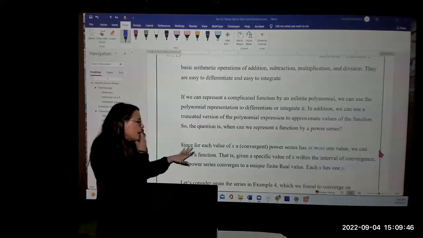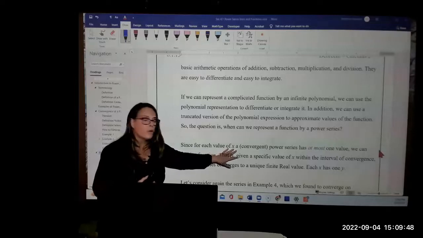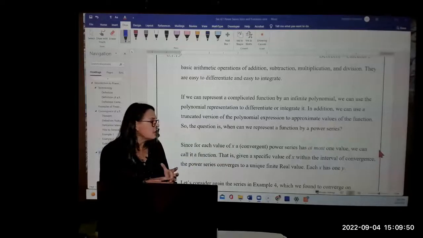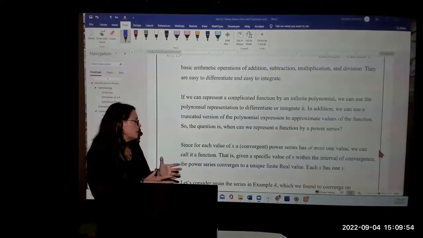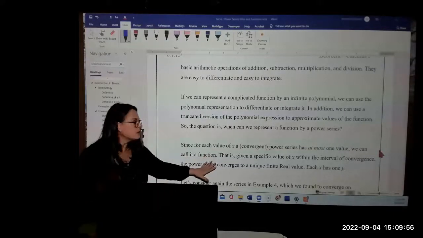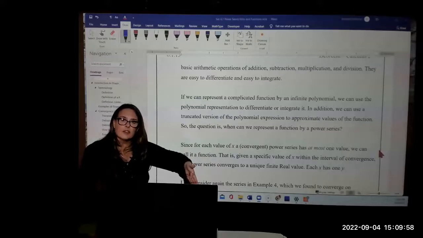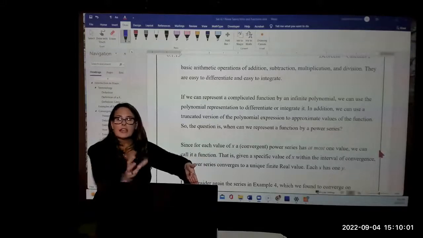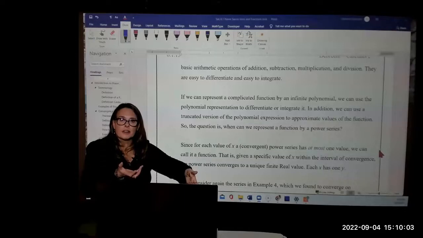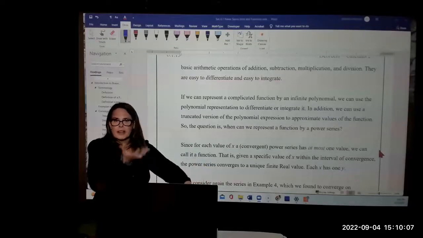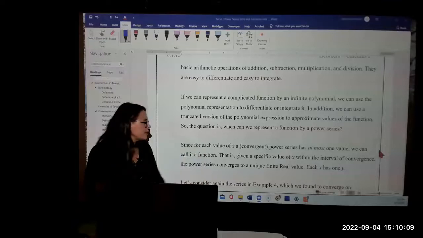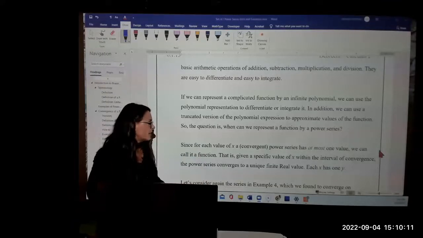Now, remember that for each individual value of x inside the interval of convergence, the power series has at most one value. So we can kind of think of that as a function. For each x in the interval of convergence, I get one value out for the value of the series. One x, one value of the series, one x, one y. That's a function, basically. Every x has one y value.